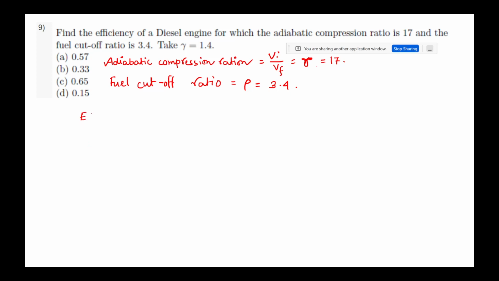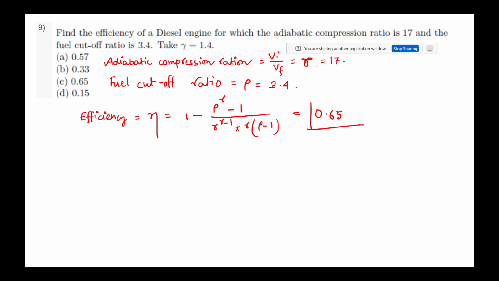And the formula of efficiency eta is equal to 1 minus (rho to the power gamma minus r) over (r to the power gamma minus 1 times gamma times (rho minus 1)). So for my case, this comes out to be 0.65. Okay, so this is just a formula putting problem, nothing to worry about. You need to know the formula for this thing.